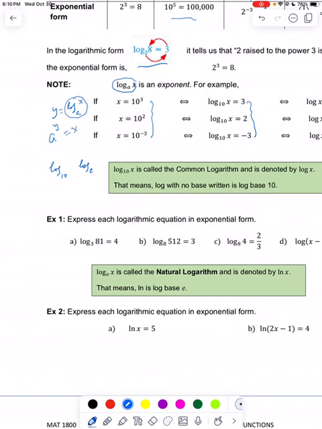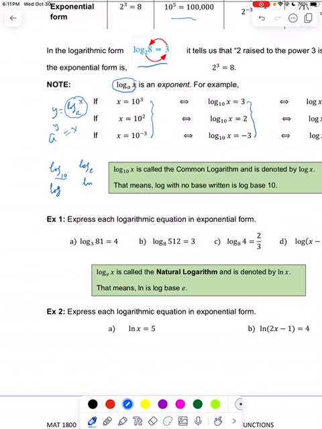But these two logs are the ones whose keys you see on your calculator. So the log base 10 is not written as log base 10, it is just written as log. So log base 10 is the same thing as log, and log base e is ln, because it's called the natural log.